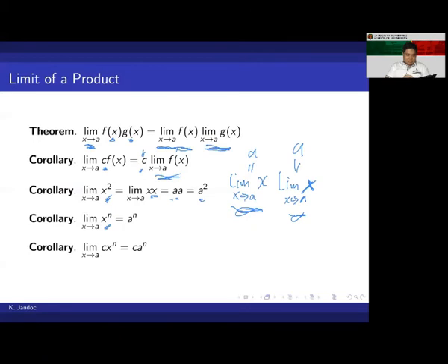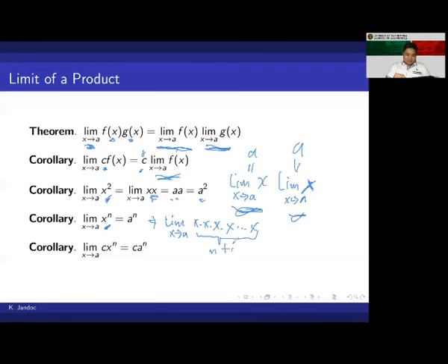As you let x approach a, this is just a corollary of this one. If you multiply x n times, this is equivalent to saying the limit as x approaches a of x times x times x times x, where you multiply x n times.